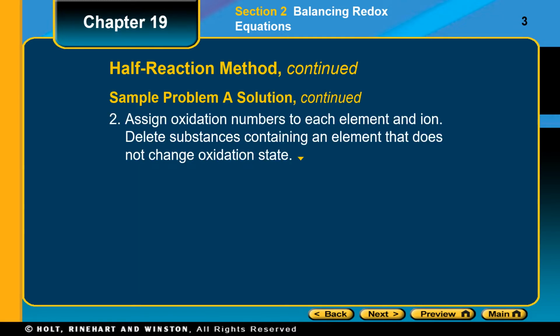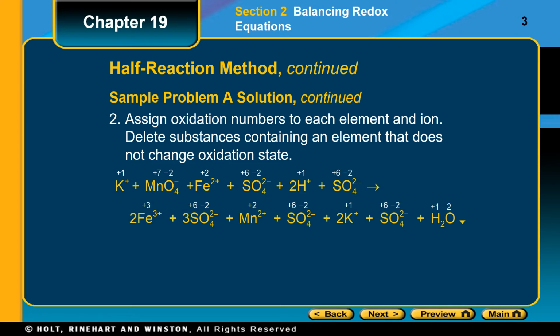So now we're going to assign oxidation numbers to each element and ion, and then we're going to eventually end up deleting the substances that contain an element that does not change its oxidation state. But we won't know that until we assign the oxidation numbers to each element.